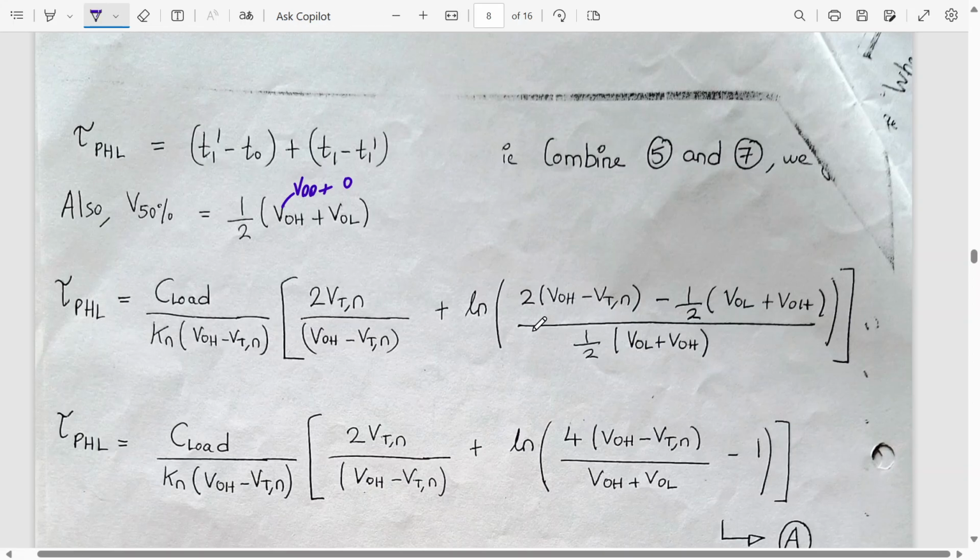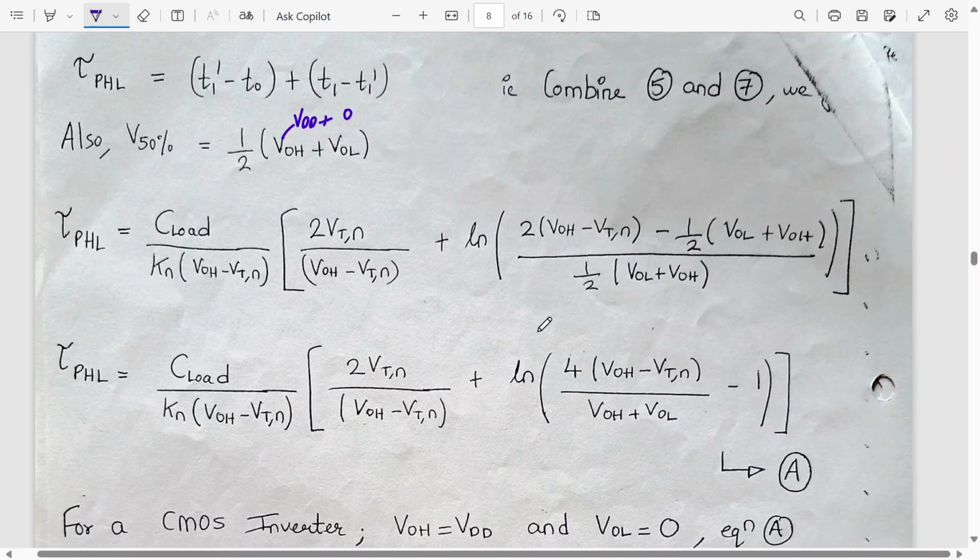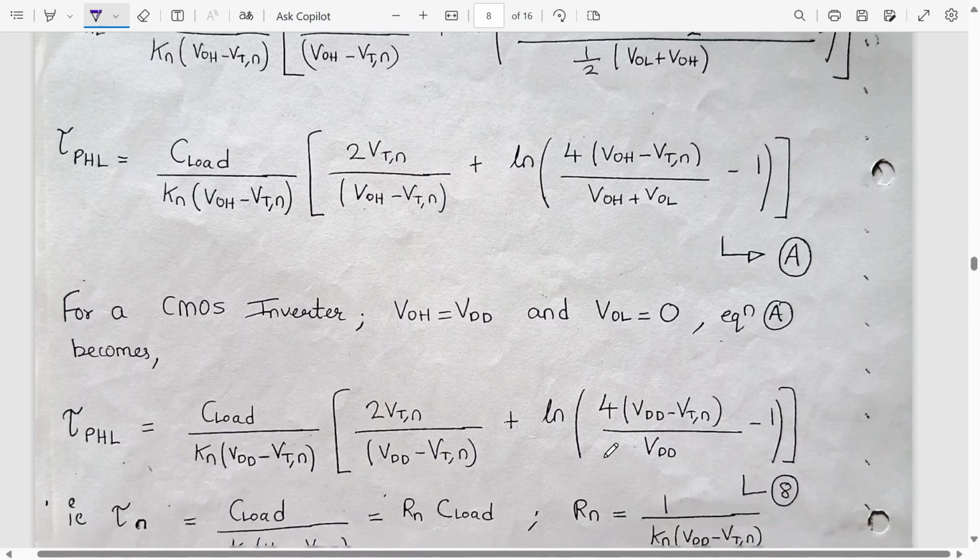So this is what we get by combining equation number 5 and 7. Okay, so this is the result of combining 5 and 7. We modified it further. Here we cancel out the terms. So here we cross multiply, so we'll get twice 4 times VOH minus VTN, and here it will be minus 1. So we get equation number A.